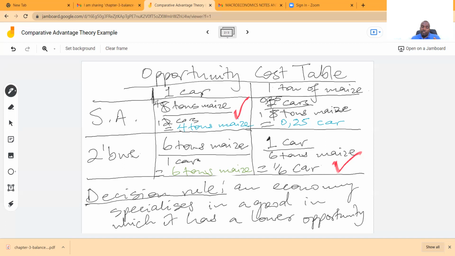It means after every 2 transactions, South Africa is implicitly saving a car through specialization and hence international trade. And this is at the expense of Zimbabwe. Clearly, that can't be a mutually beneficial trading ratio.